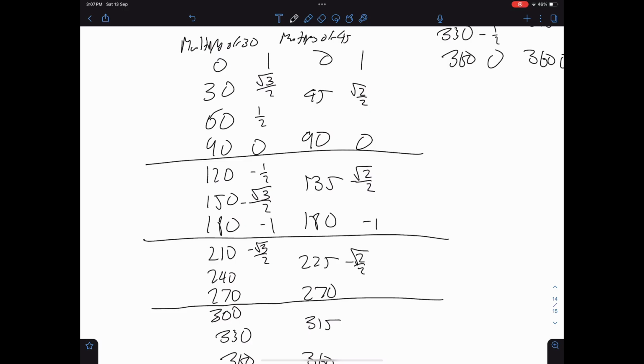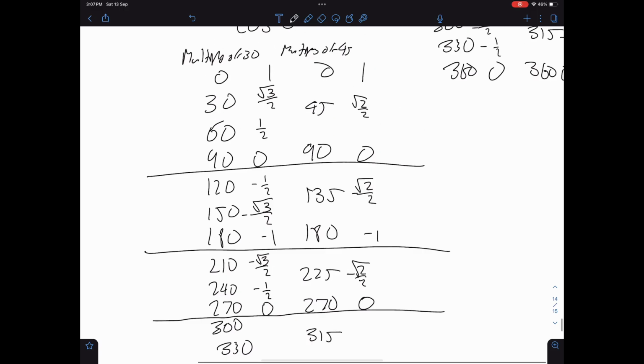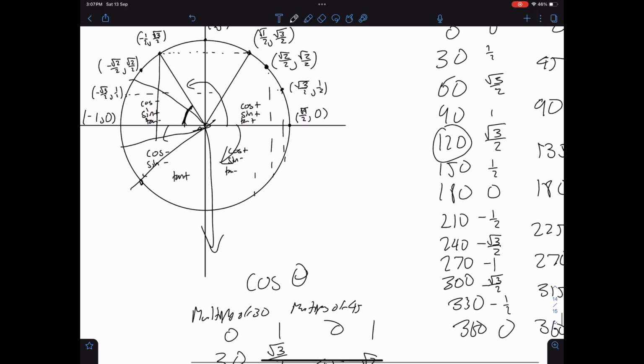The multiples of 45 are easy because it's only ever going to be root 2 over 2, positive or negative. Then 240, it'll go down to half, then this will be 0 and 0, because it's just right on the y-axis. All the points will be on the y-axis.